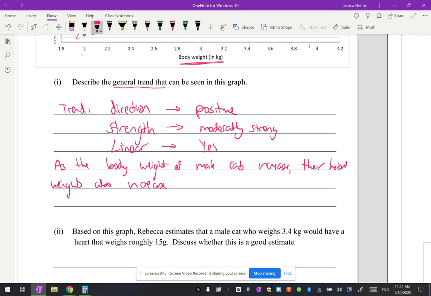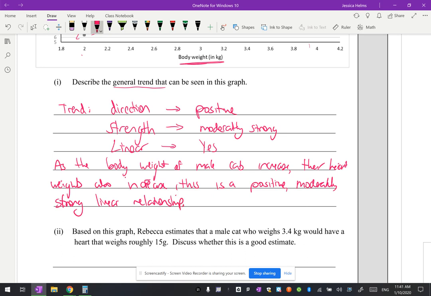Now, if you said that, and I had a lot of people that said that, it's not worth anything. What you need to add on to it is, this is a positive, moderately strong, linear relationship.